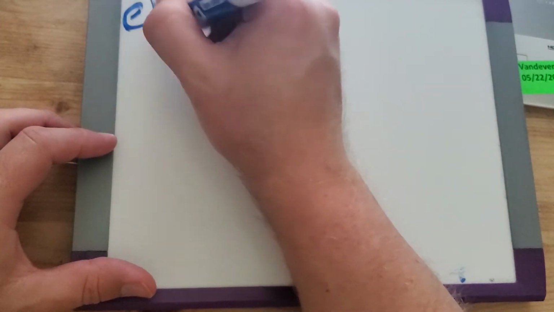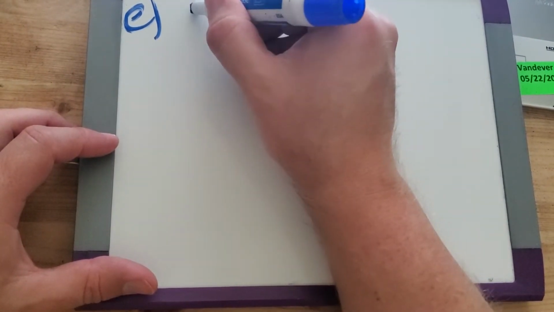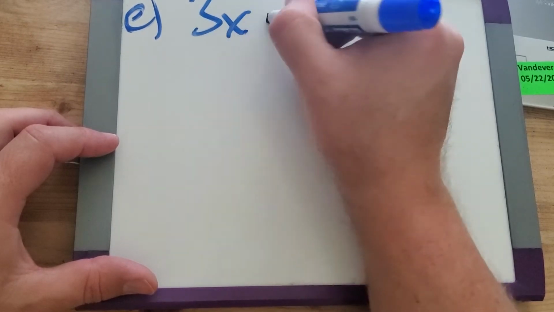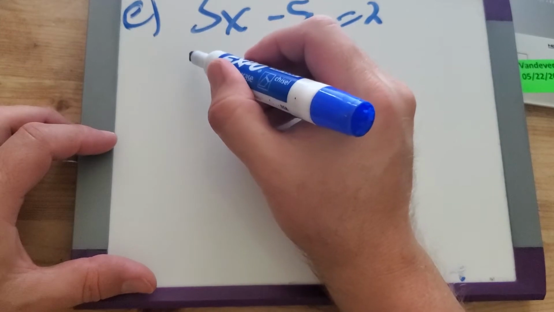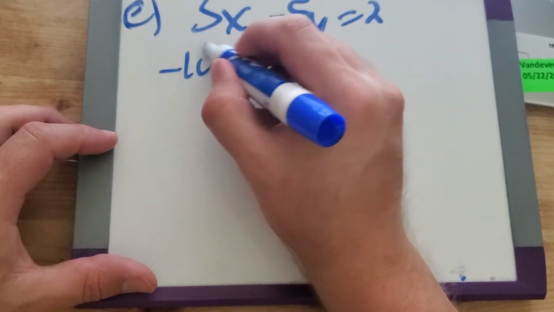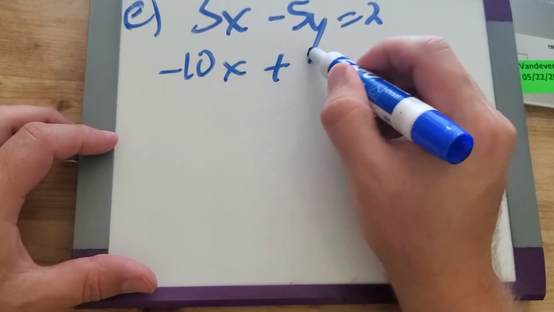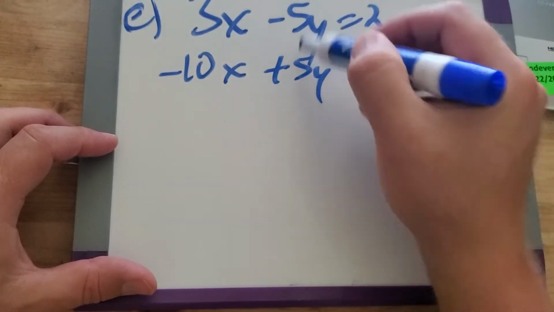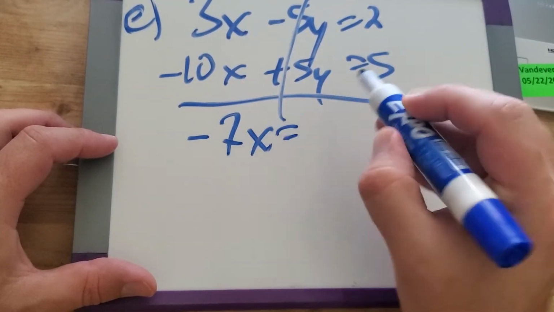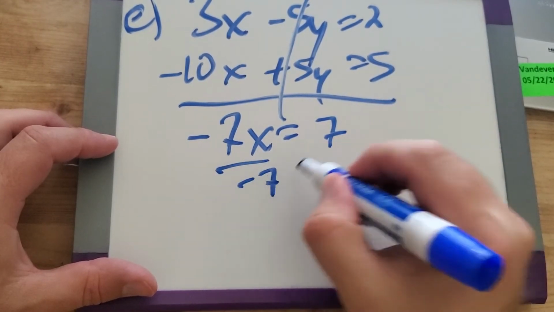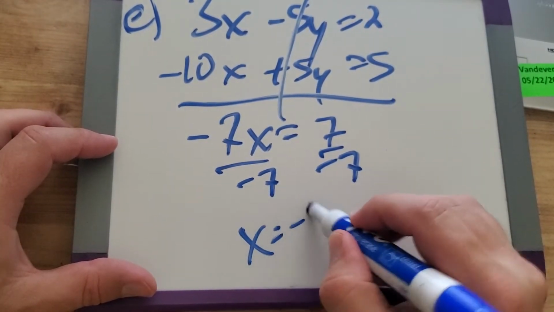So now in part E, I got 3x minus 5y equals 2. If I multiply the second one by 5, I'll get negative 10x plus 5y equals 5. And the reason I did that is because now the y's will cancel. So x is negative 1.